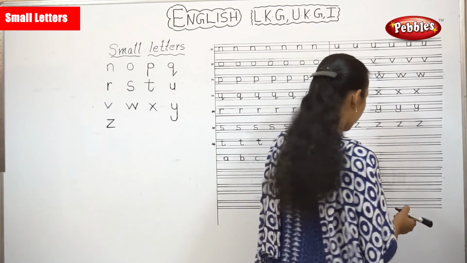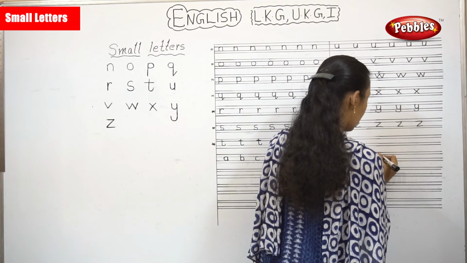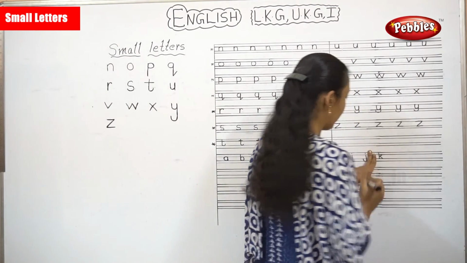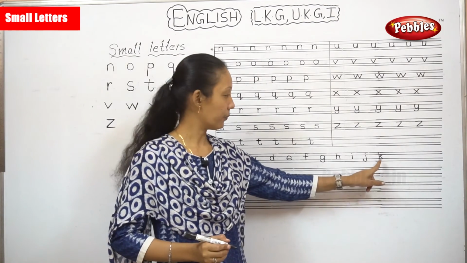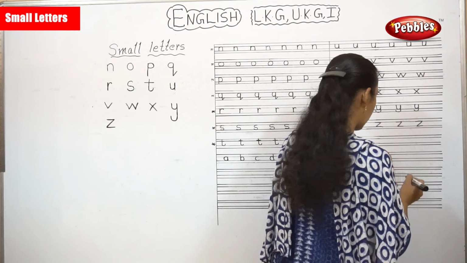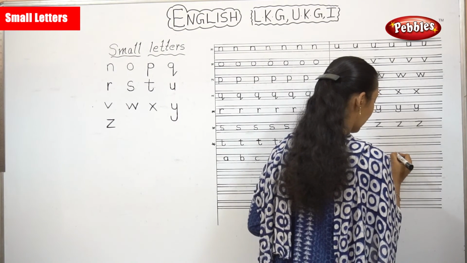Yes, K. Straight line down, slanting line and a slanting line. This is K. What is this? K. After K, L. Good. After K, L is just a straight line down.